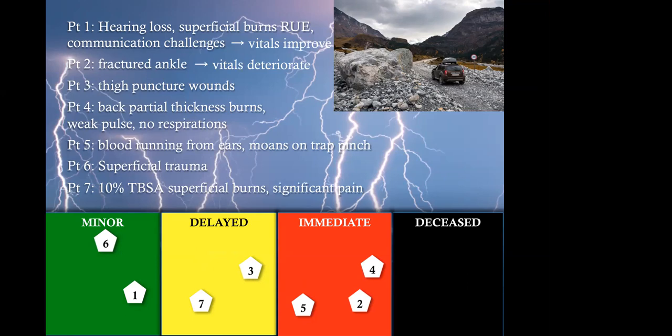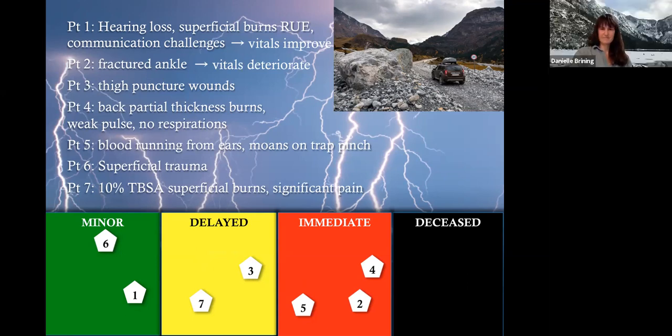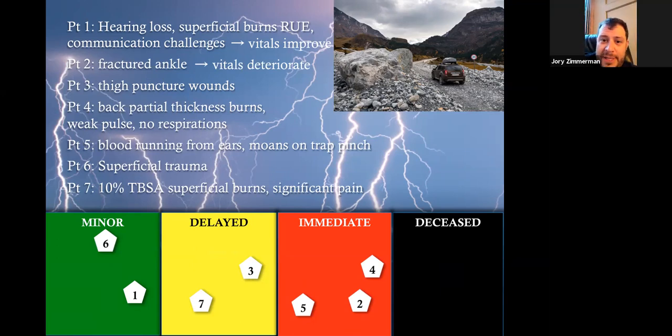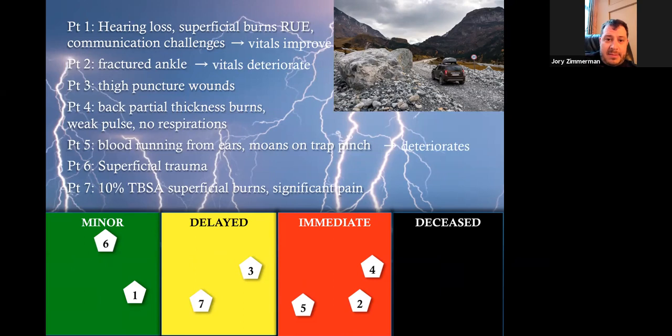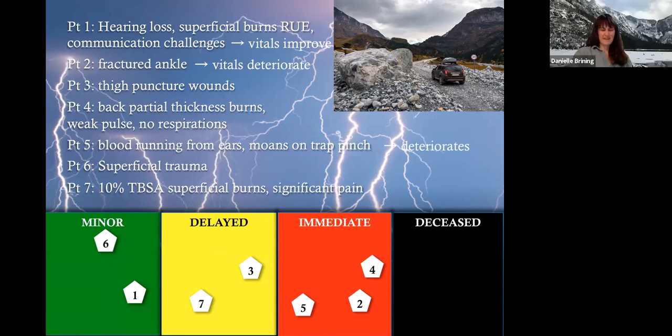It was closed. I'm a little worried about this guy with blood running from his ears, I'm not gonna lie. Yeah, so patient 5 deteriorates, but still has a weak pulse and breathing. Could have seen that coming. Yeah. So he's already in red, so he stays there.